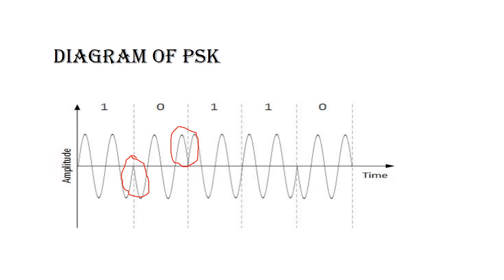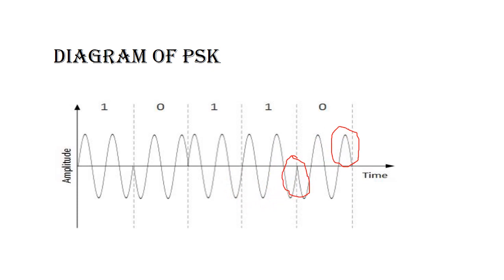Here in the diagram, ones and zeros are represented. In the diagram you can understand that to represent binary digit 1, one particular cycle has been repeated, and whenever the binary digit 0 is encountered, the phase of the signal is changed.